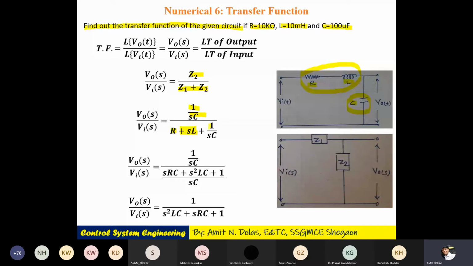Plus Z2 is nothing but 1 by SC. Doing the same calculation, I'll not repeat it, it is similar to the previous example. Only some values are given, those we have to put into the transfer function. So finally the transfer function VO upon VI, we get 1 divided by S square LC plus SRC plus 1.